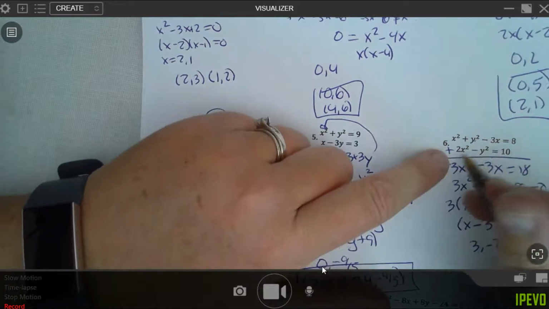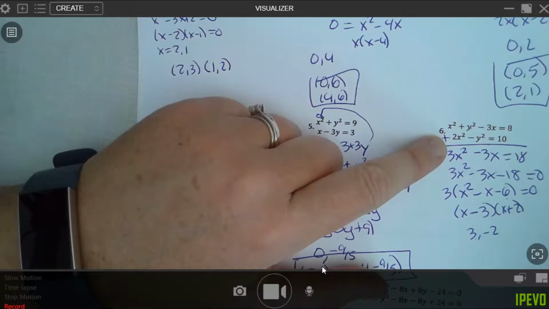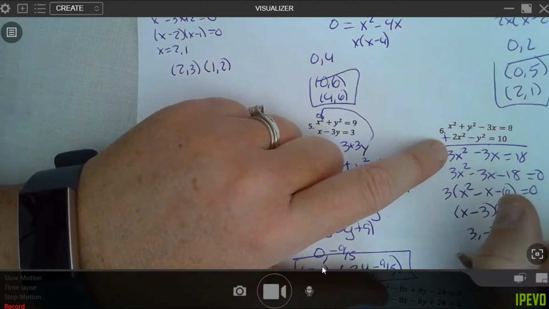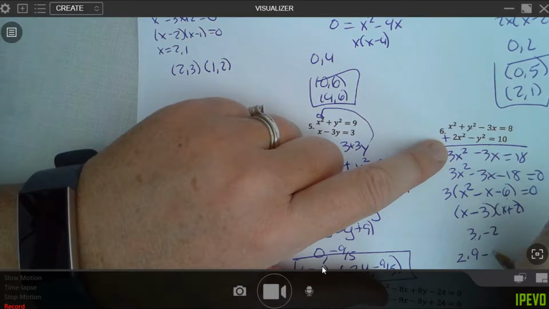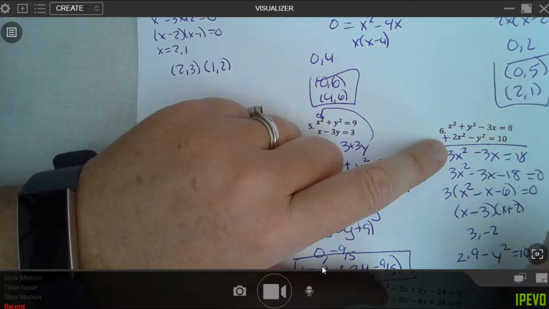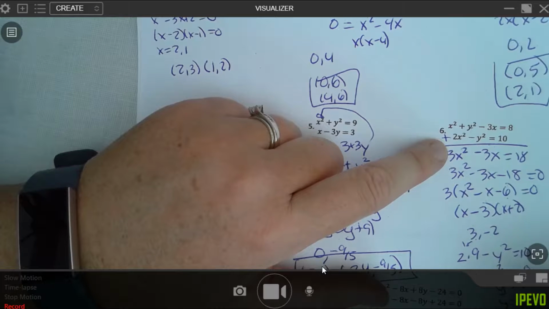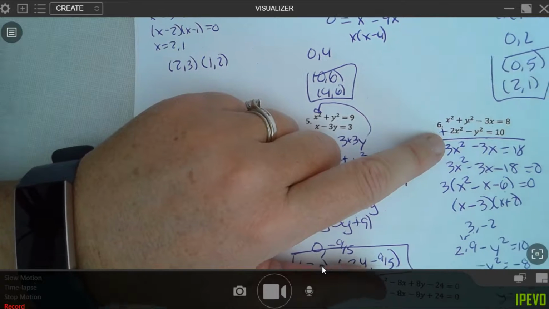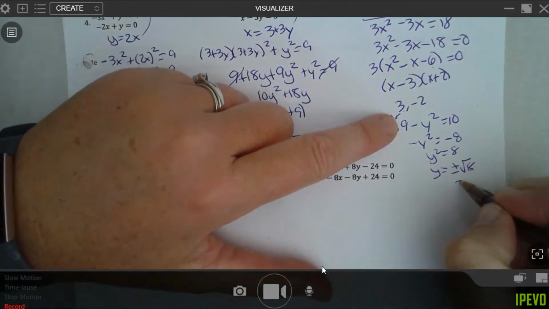So you plug this in. I'm just going to plug it into the bottom one because there's fewer numbers to have to plug into there. So you get 2 times 9 minus y squared equals 10. Negative y squared, that would be negative 8. So y would equal plus and minus the square root of 8, which is 2 square root of 2.